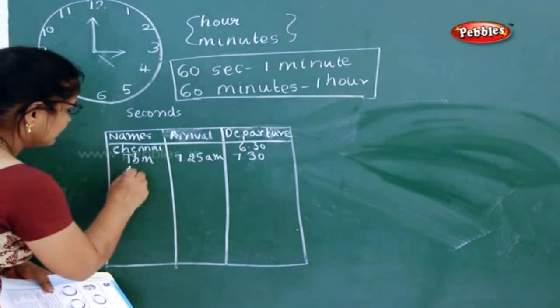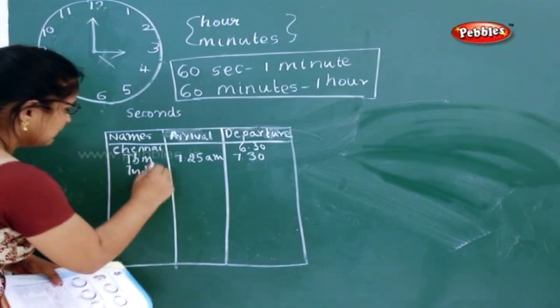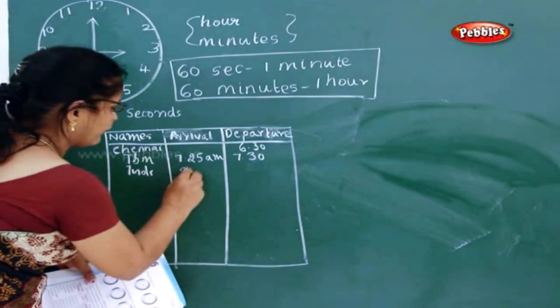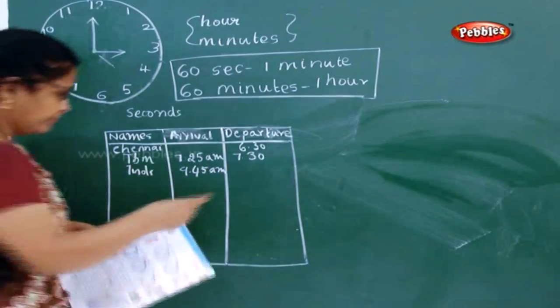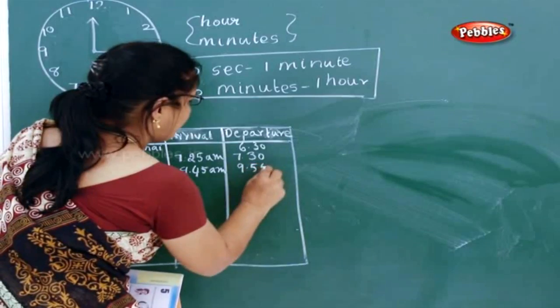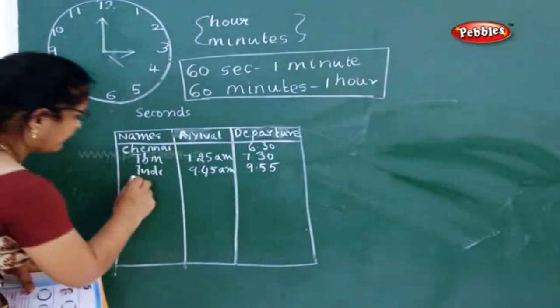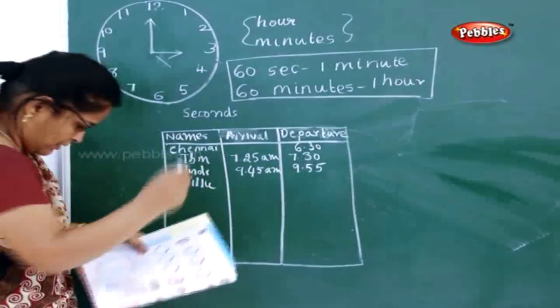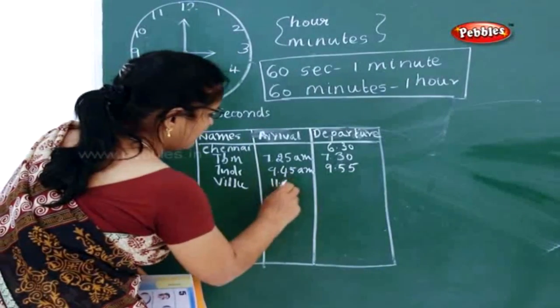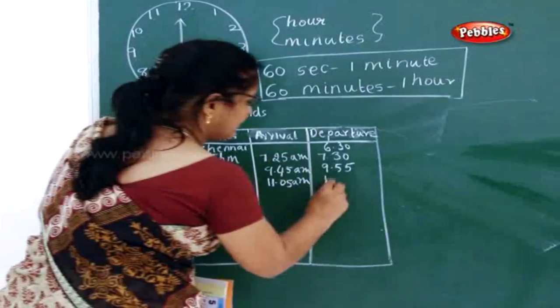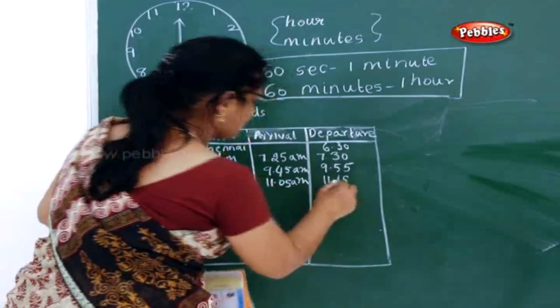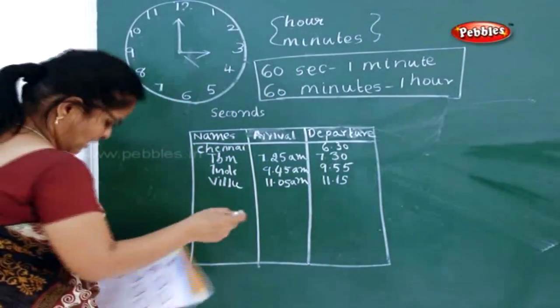Then Dindivanam, it is 9:45 a.m. and 9:55 a.m. it departed. The next one is Viluppuram. 11:05 a.m. it arrived and 11:15 it departed, means 10 minutes it was stopping in the bus stop.